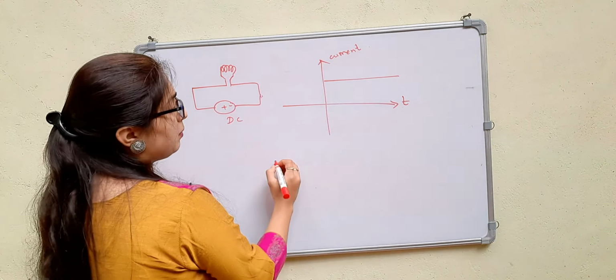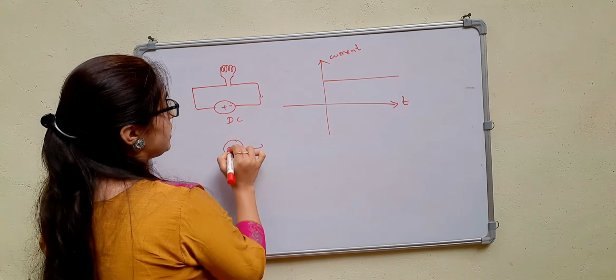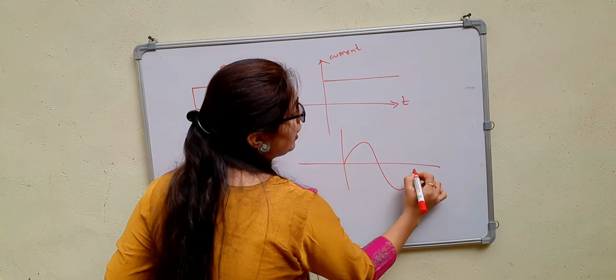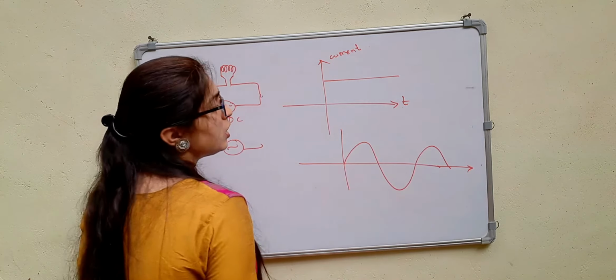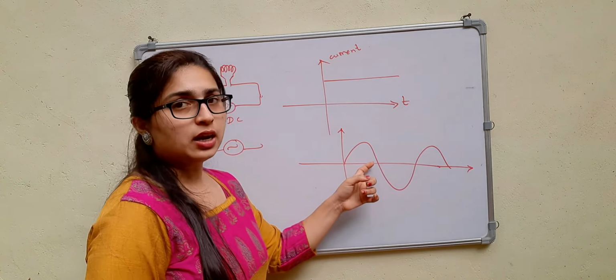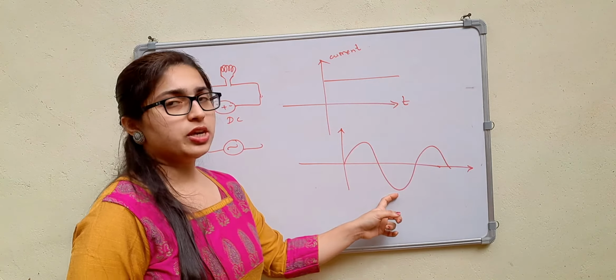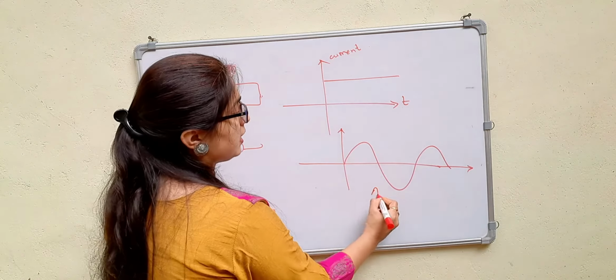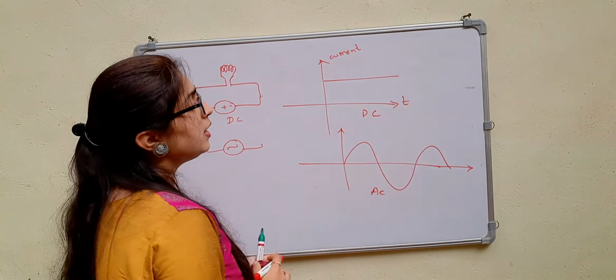But alternating means if I am applying an AC voltage, the magnitude and direction both change. Here it will be in one direction in one half cycle, and it changes its direction in the next half cycle. That will be your AC, and this is the DC.